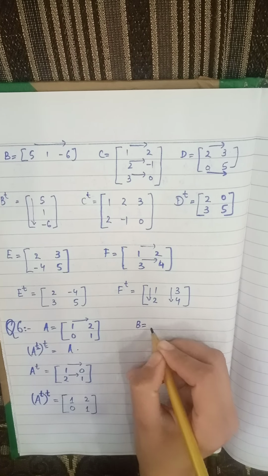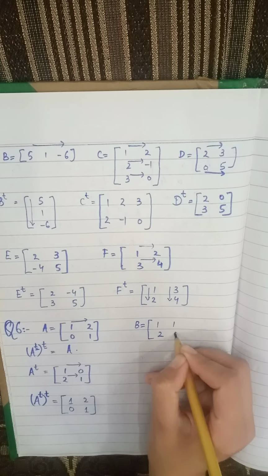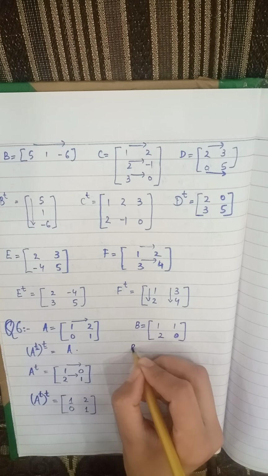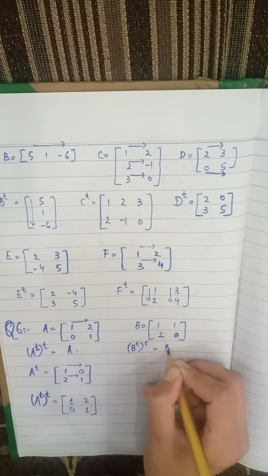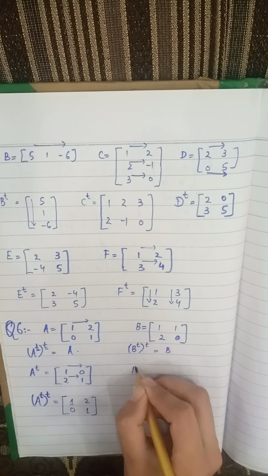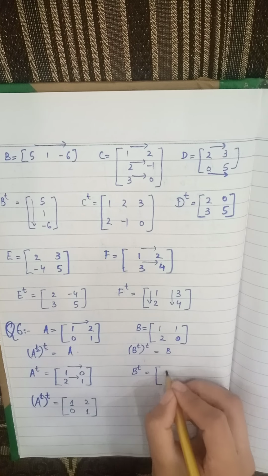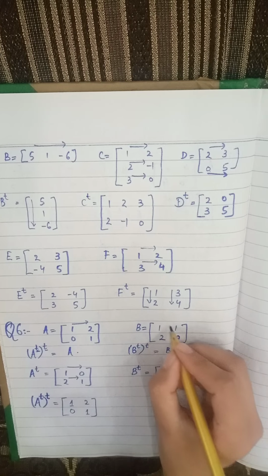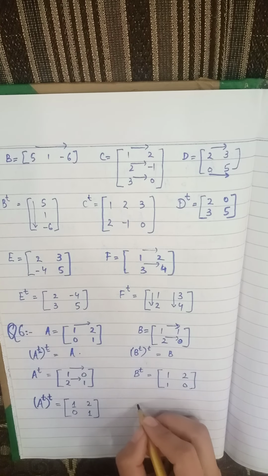For B, what is the matrix B? 1, 1, 2, 0. B transpose, 1, 1, 2, 0. The rows are going to be changed into columns.